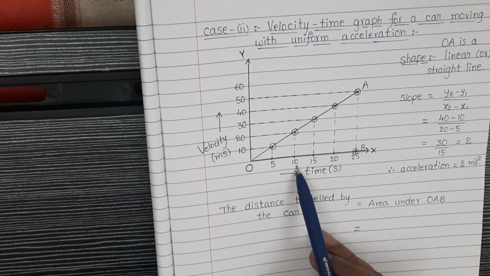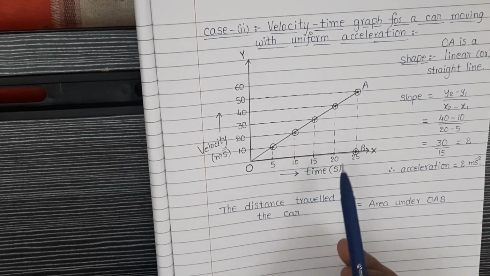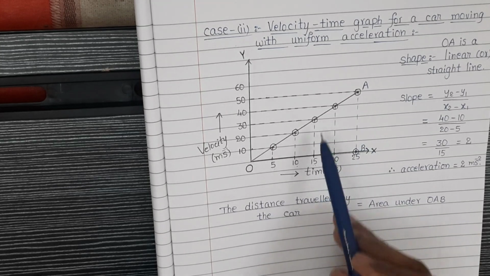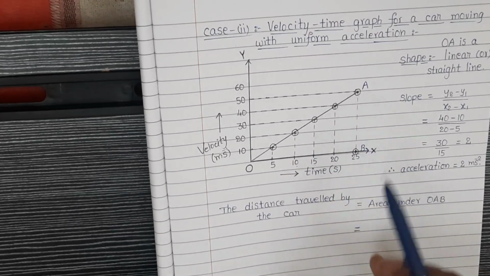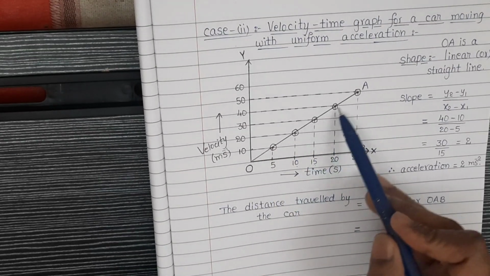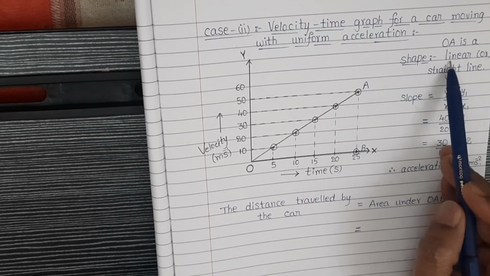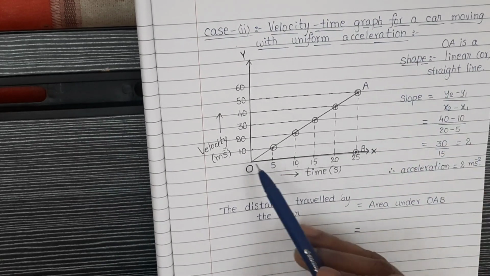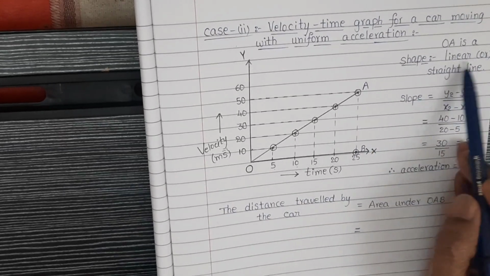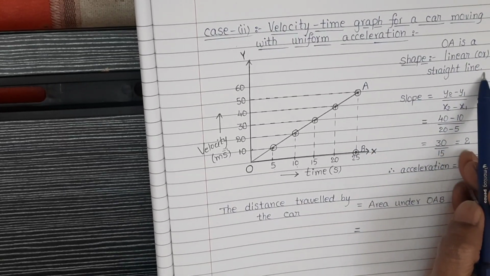When time is 10 seconds, 20 meter per second, and so on. Like that, if you put the values here, we are going to get a straight line passing through the origin. The shape of the graph is linear or a straight line. If you name it OA, OA is a linear or straight line.